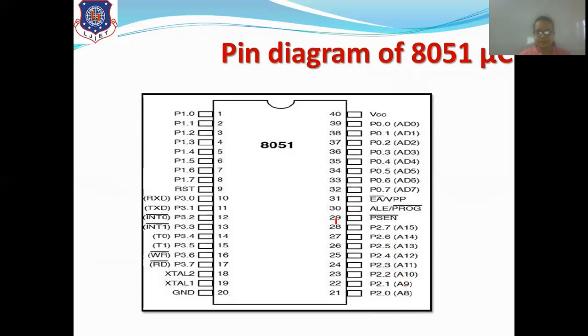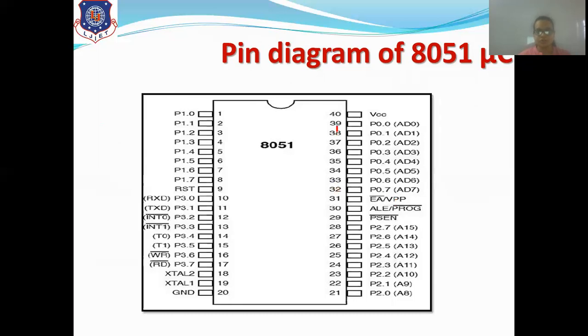Then 29 is PSEN, program storage enable, which is also an active low pin. Then 30 is ALE, address latch enable, which we have discussed in 8085, and program bar. Then 31 has EA bar, external access, or VPP, for connecting peripherals.